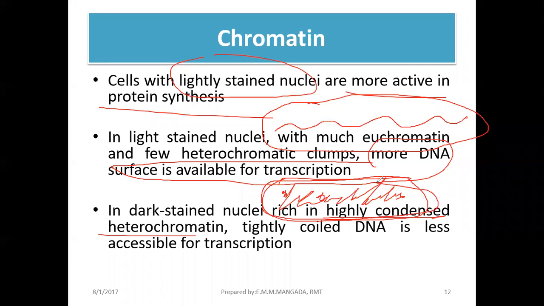Again, pag dark stained siya, yan usually yung mga metabolically inactive cells ninyo. Like yung sinabi natin kanina, yung mga sperm cells natin, yung plasma cells. So they are metabolically inactive. And the predominant type of chromatin you see in them is yung ating heterochromatin.